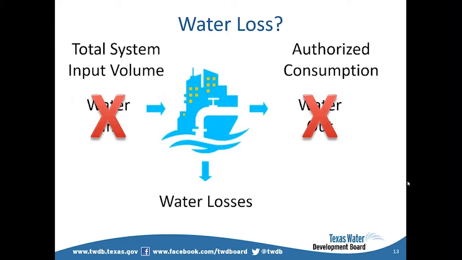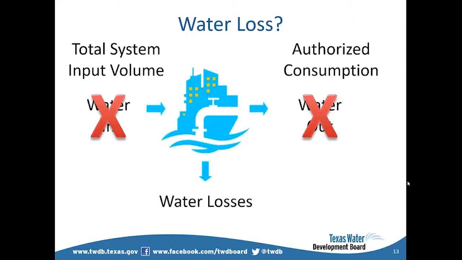And then it adds any water that was purchased that was treated and then corrects for that because the meters are not 100% accurate. And then subtracts out any water that's sold to another water system, treated water sold to another water system, and corrects for that because those meters are not completely accurate.